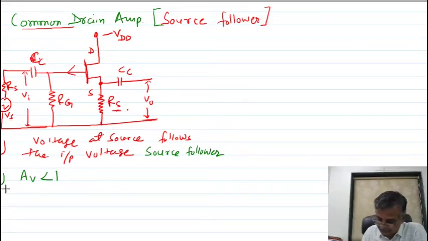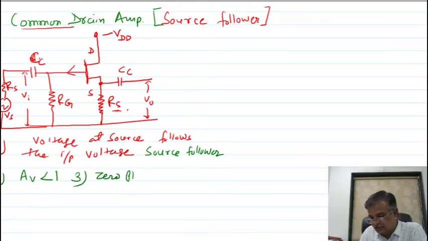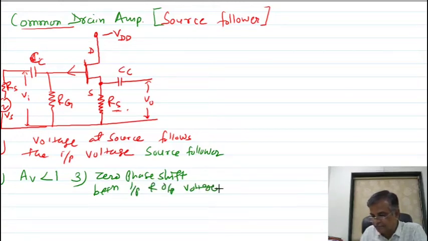Third, there is a zero phase shift between the input and output voltage signal. How much phase shift? Zero phase shift. Zero means what?